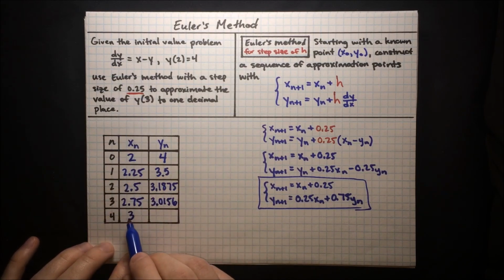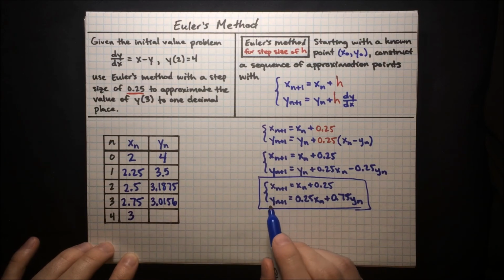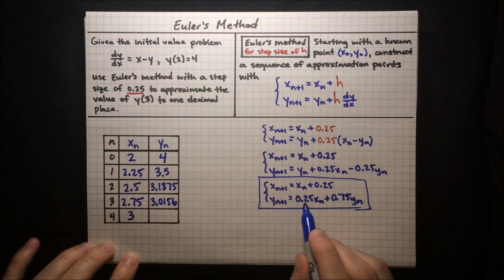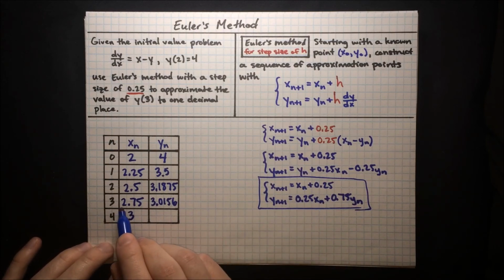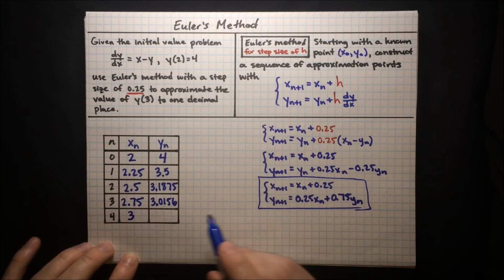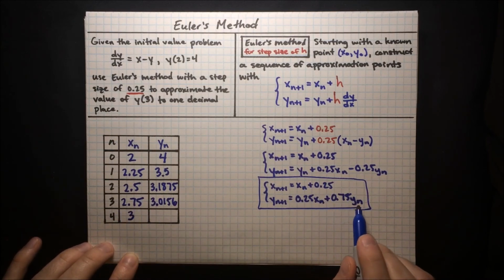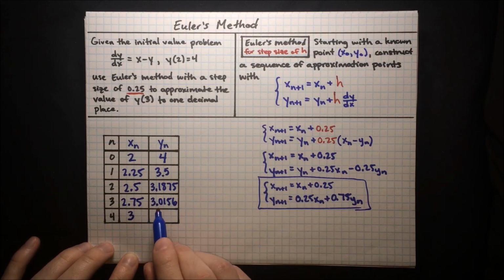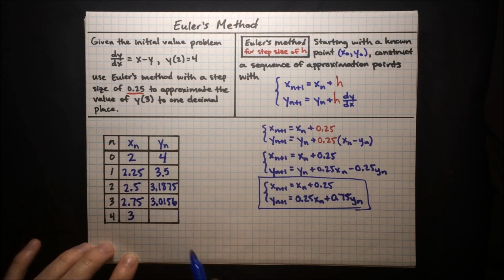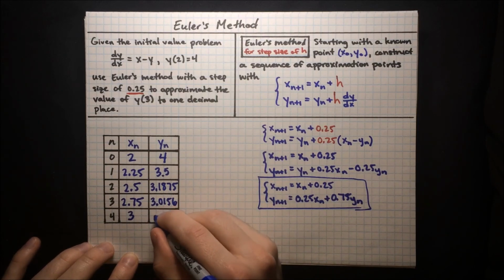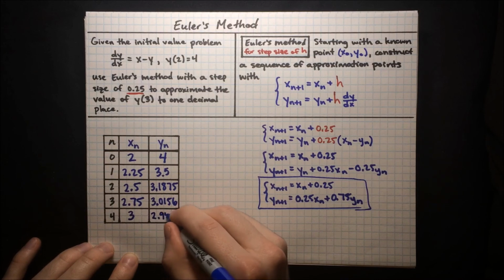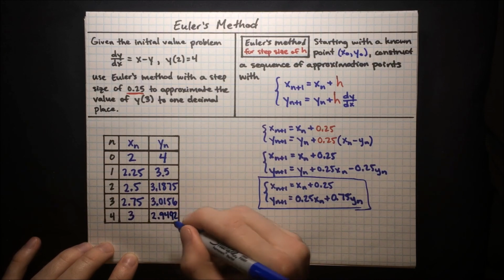We want our approximation when x is 3, and we can get that by just applying one more update to the y. So 0.25 times the previous x, 2.75, and then plus 0.75 times the previous y, which was 3.0156. Punch that into our calculator and get out the result, rounded to 4 decimal places, of 2.9492.